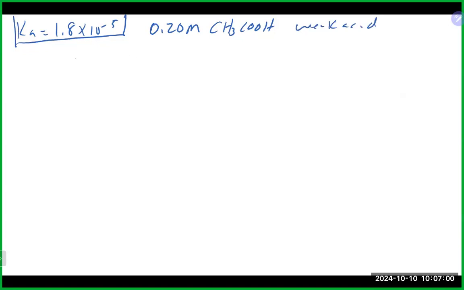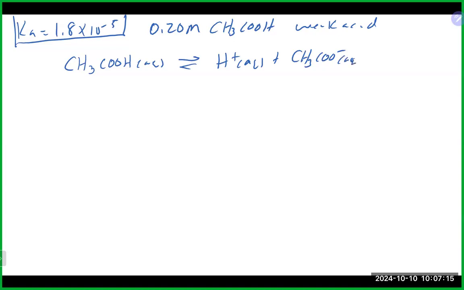So this is just like we talked about on the first part of chapter 14, just basically a Ka problem. This weak acid is going to dissociate into H plus and acetate here. And we will have our Ka that equals 1.8 times 10 to the minus 5.